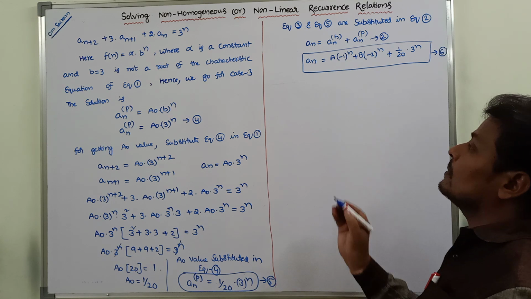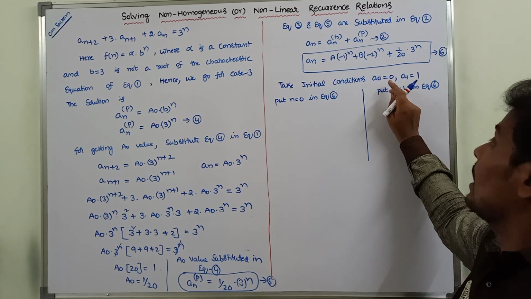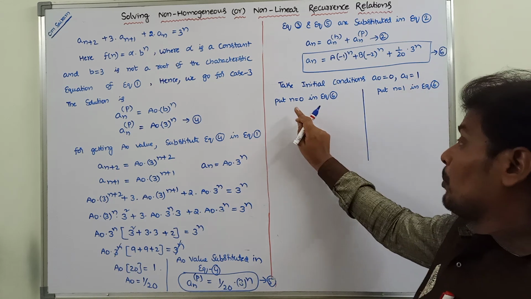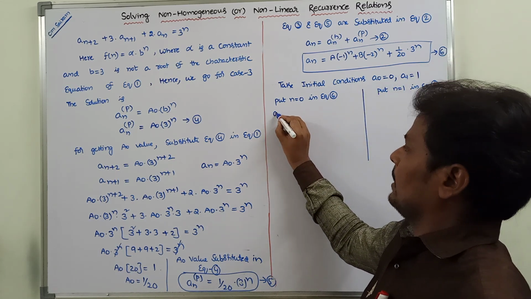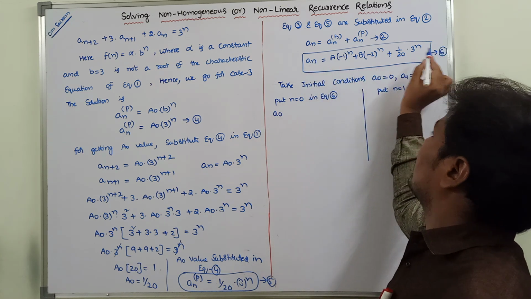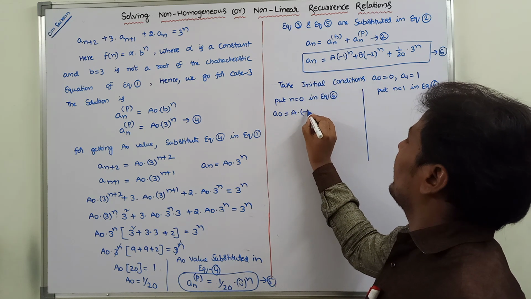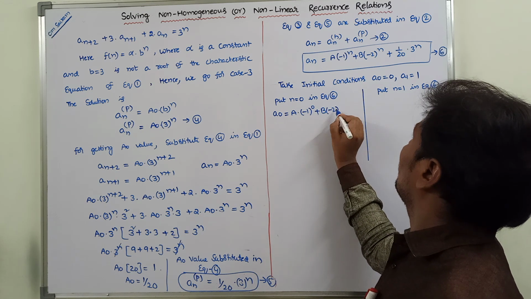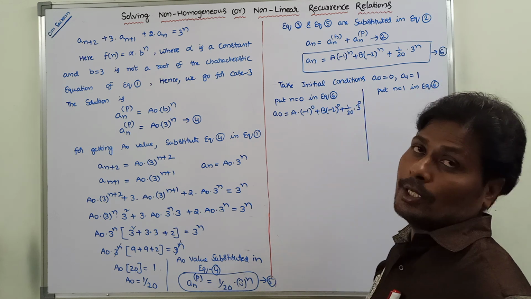In the given problem, take the initial conditions: A0 is equal to 0, A1 is equal to 1. So put n is equal to 0 in equation 6. A0 is equal to A into minus 1 power 0 plus b into minus 2 power 0 plus 1 by 20 into 3 power 0.